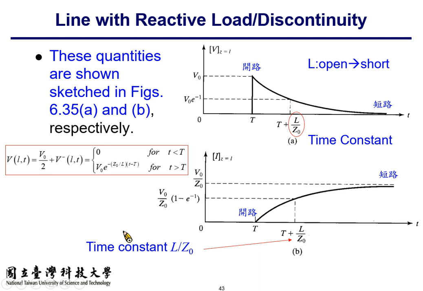But it will eventually charge up and appear as a short circuit. Then the total current appearing on the inductor will be V sub 0 over Z sub 0. And you need to mark the position of one time constant and show the correct current level to get full credit from the midterm exam. OK?